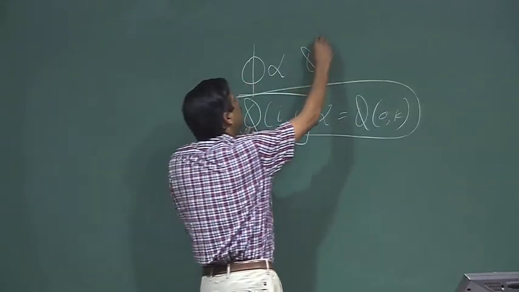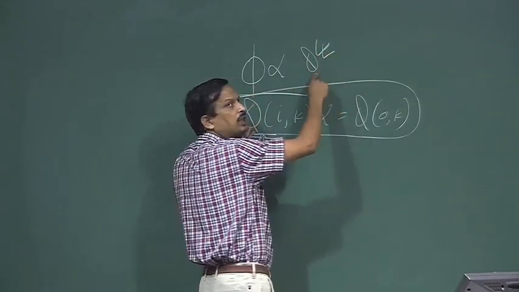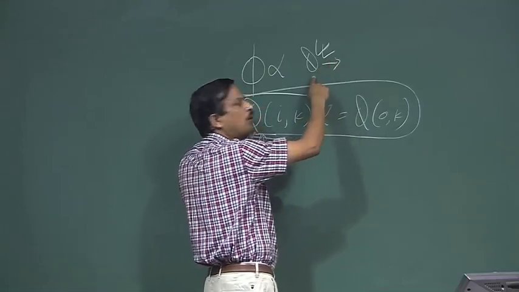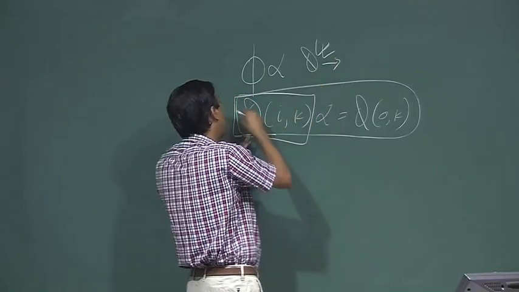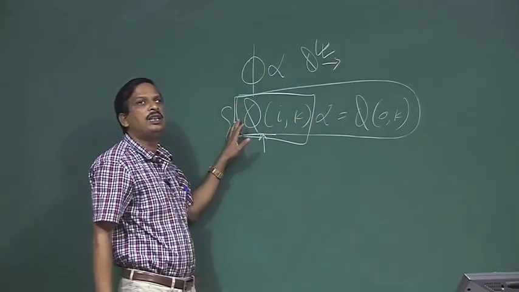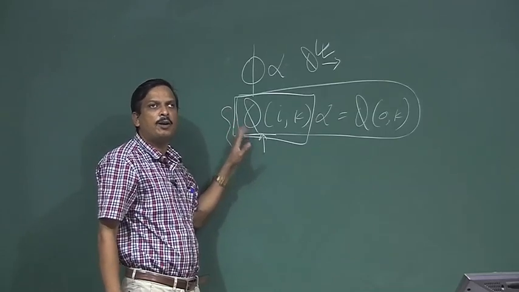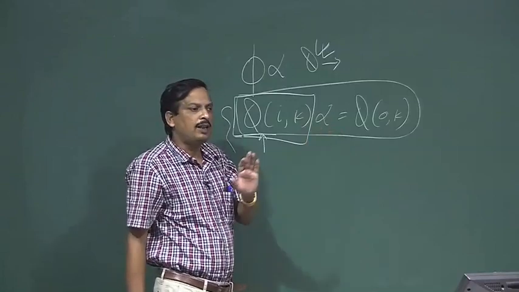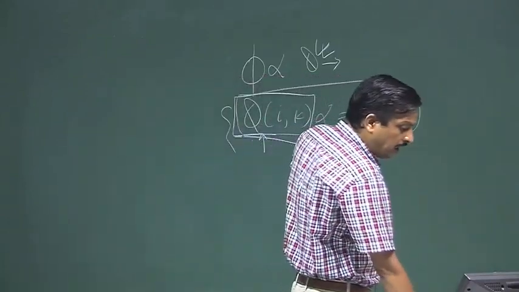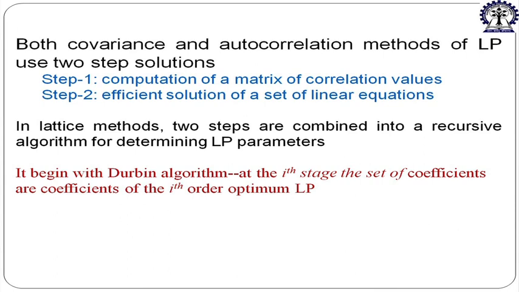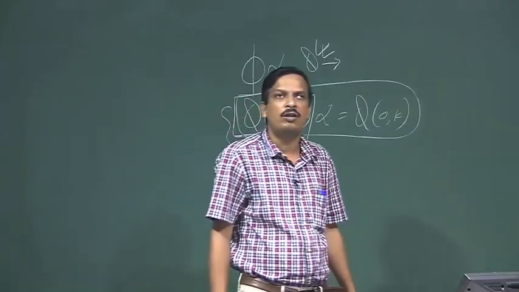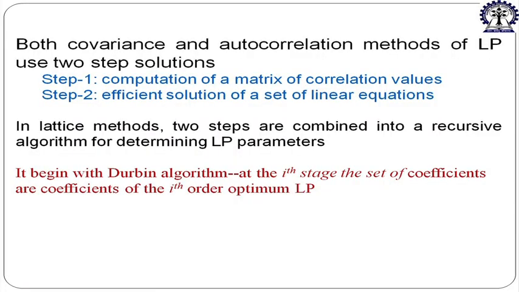First step is to compute phi using correlation for the covariance method, using autocorrelation for the autocorrelation method. Next, solve the p linear equations to find the value of alpha. So both methods are two step: step 1, computation of the matrix of correlation values, and then efficient solution of the set of linear equations.